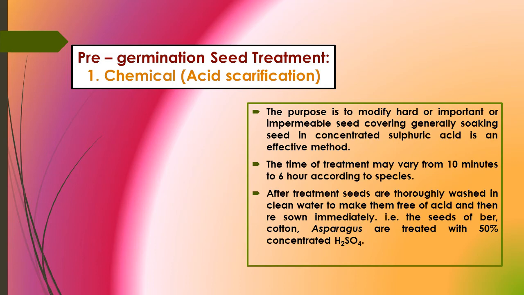The seeds of cotton, asparagus, and acacia are generally treated with 50% concentrated H2SO4. Thus, the hard seed coat can be softened and seed dormancy can be broken by this treatment. Seeds are soaked in acid for 3 to 5 minutes.